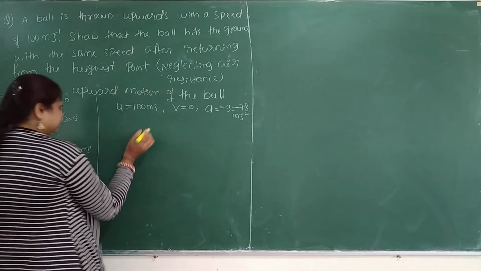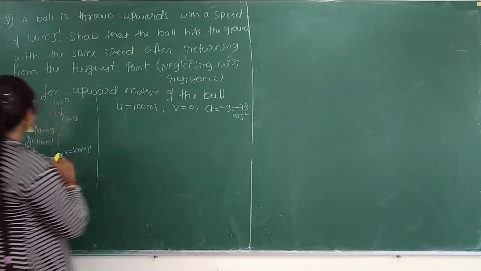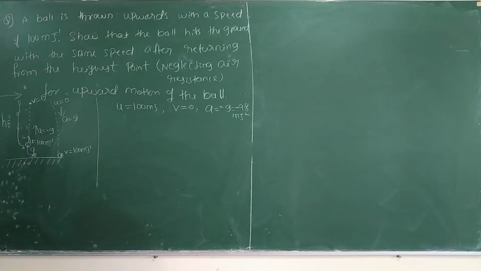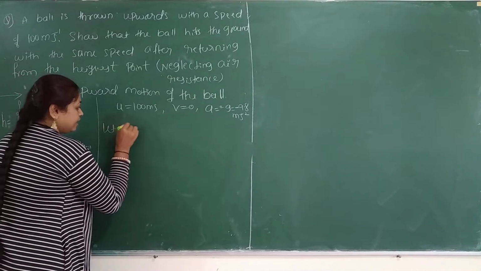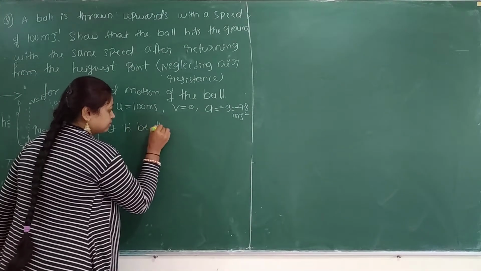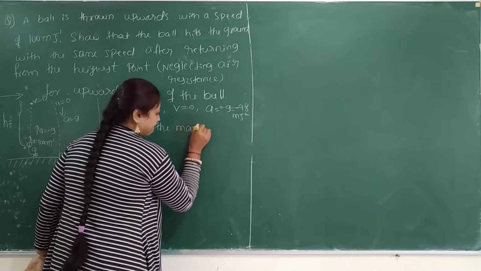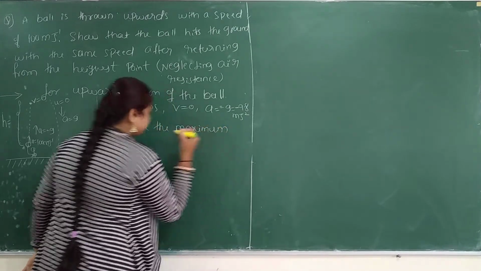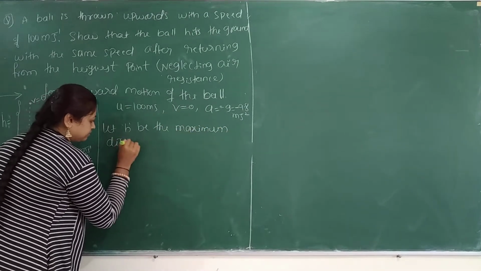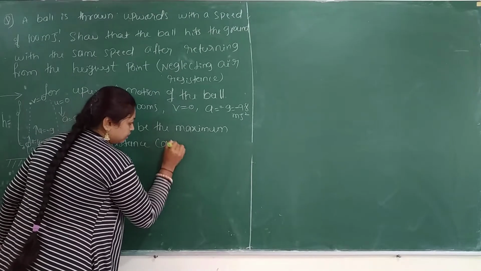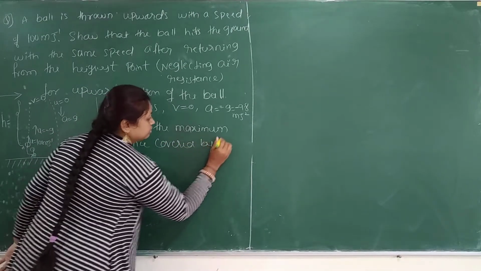Next, initial and final velocity are given. Height you don't know. So for the first condition you can calculate the maximum height. Let h be the maximum distance covered by the ball.